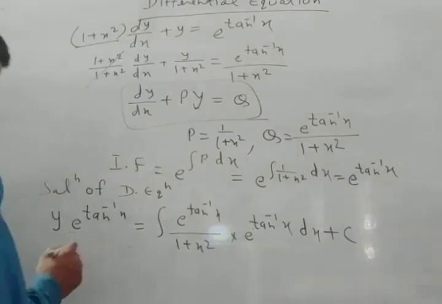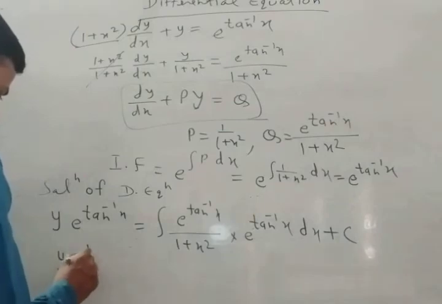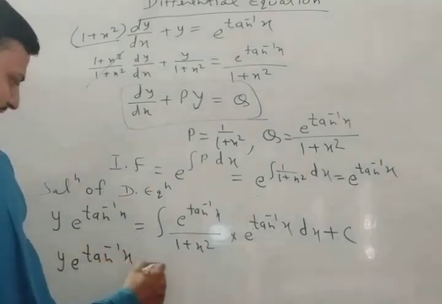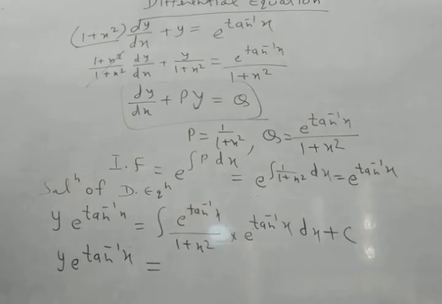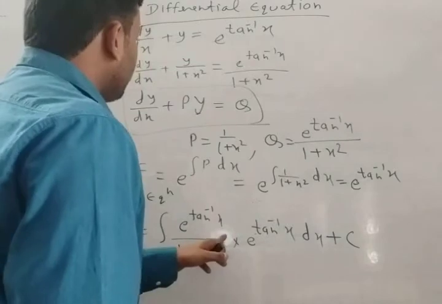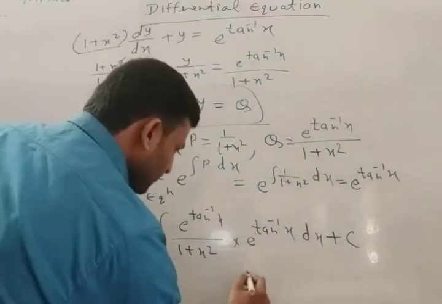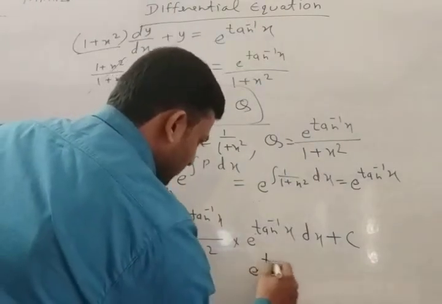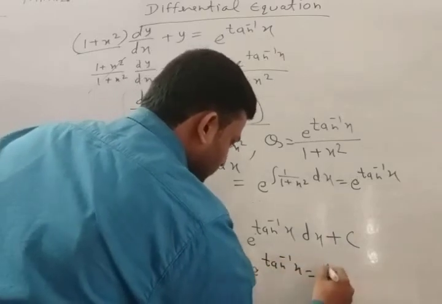Now we write y e to the power tan inverse x. When we integrate, let e to the power tan inverse x be equal to t.